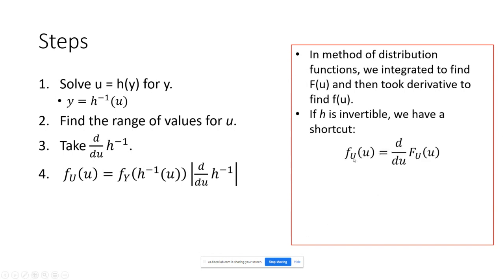So in that case, we know that the density function of U is going to be the derivative of the distribution function of U, which is going to be the derivative of big F of Y with h inverse of U plugged in.